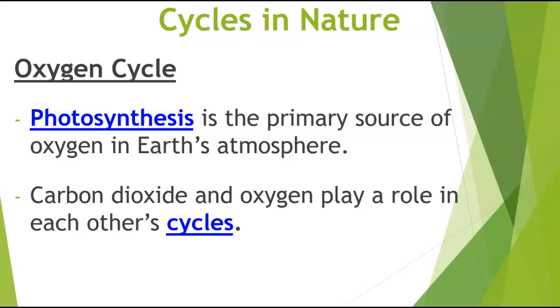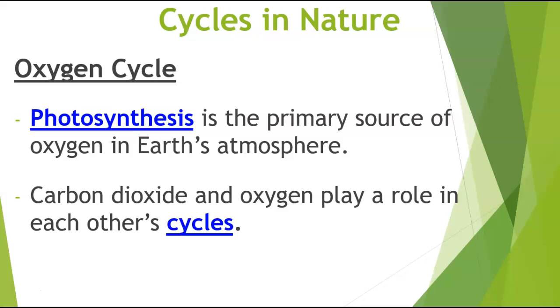And when they do that process, they are taking in carbon dioxide, they are taking in water, and they're using the light energy from the sun to perform photosynthesis, which then releases oxygen back into the atmosphere, some of which they use, and also releases sugars, which they use for their energy, as well as water again.